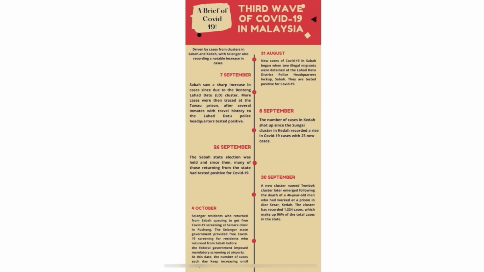On 7 September, Sabah saw a sharp increase in cases due to the Benteng Lahad Datu cluster. More cases were then traced at the Tower prison after several inmates with travel history to the Lahad Datu Police Headquarters tested positive.